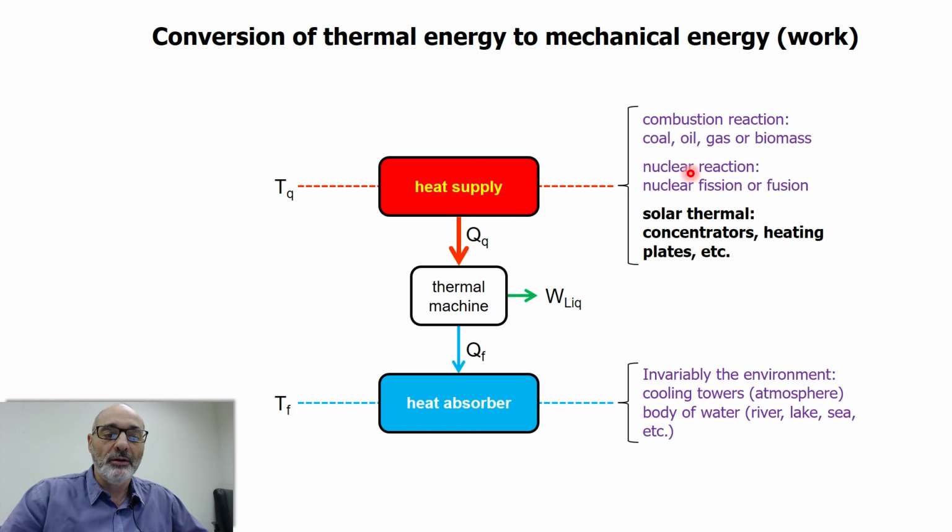We also saw nuclear reactions, and today we're going to consider this possibility here. We have sun energy, which is captured and concentrated, and this solar energy will provide the necessary heat to a thermal machine, which will convert to exergy.